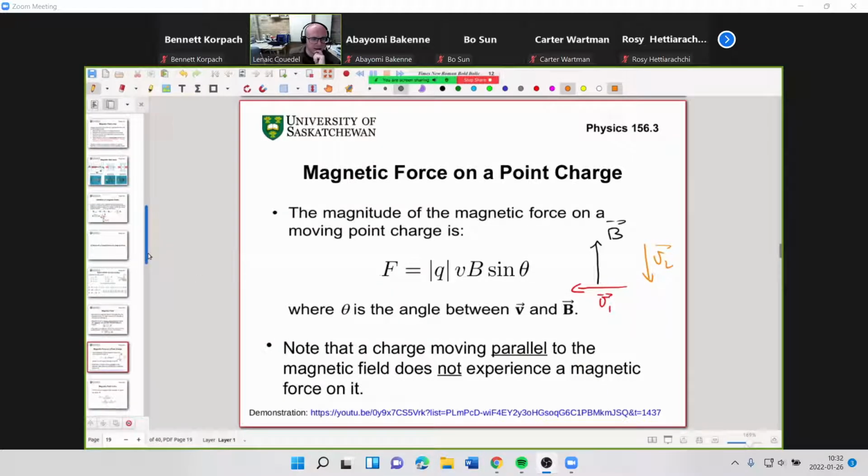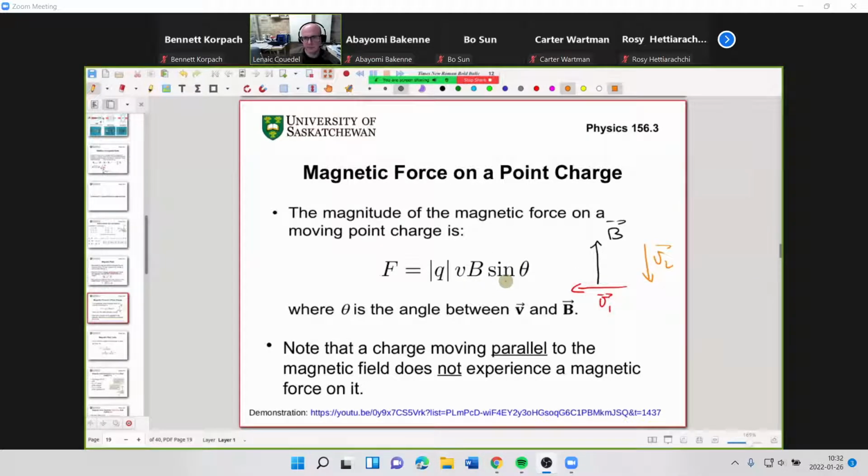So sometimes it's good to remember that, because if you end up with a question where you just have as a given a magnetic field in the k direction with whatever intensity, and a charged particle, for example an electron, moving in the minus k direction with whatever velocity, you don't need to do any calculation.